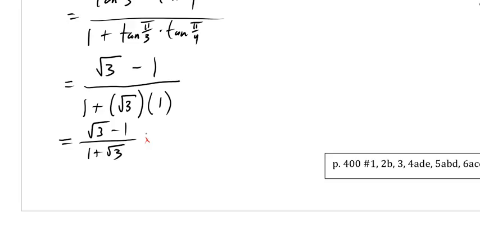So I'm going to multiply by the conjugate, 1 minus root 3 over 1 minus root 3.